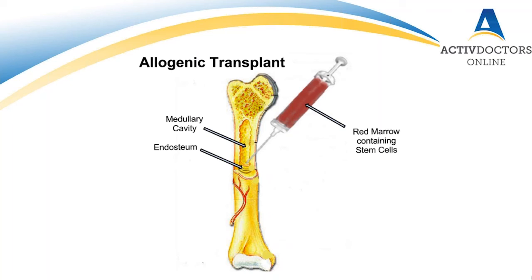We need to keep you in isolation to make sure that no viral infections get in, because even the slightest little infection can kill you when you have no ability to fight off infections, while we subsequently give you the stem cells from somebody else and wait for them to grow enough blood and enough white blood cells to fight infections and enough platelets to stop bleeding for you to survive.